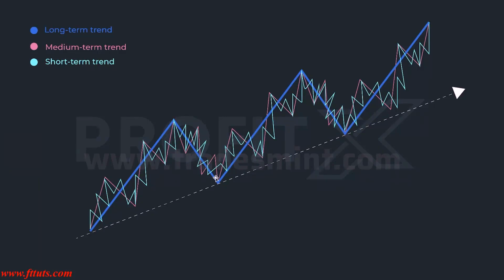What I mean by time frames is that this blue line may be the daily time frame. The pink here may be the 4-hour time frame, meaning that what you see when it comes to the candles on the chart is you'll see the movements printed out as 4-hour candles, okay, or 1-hour candles.